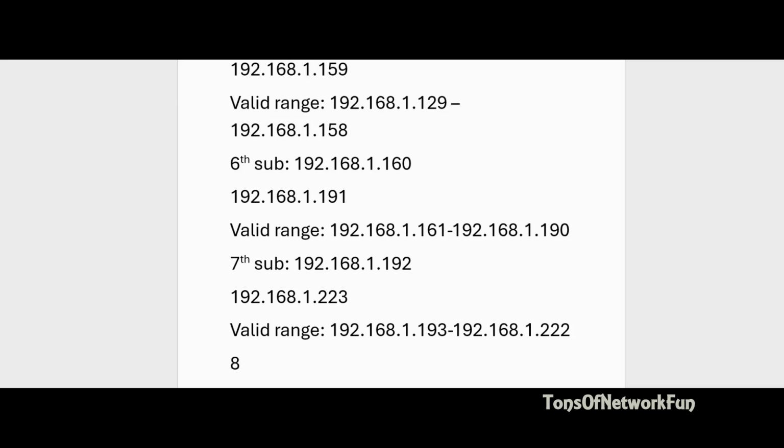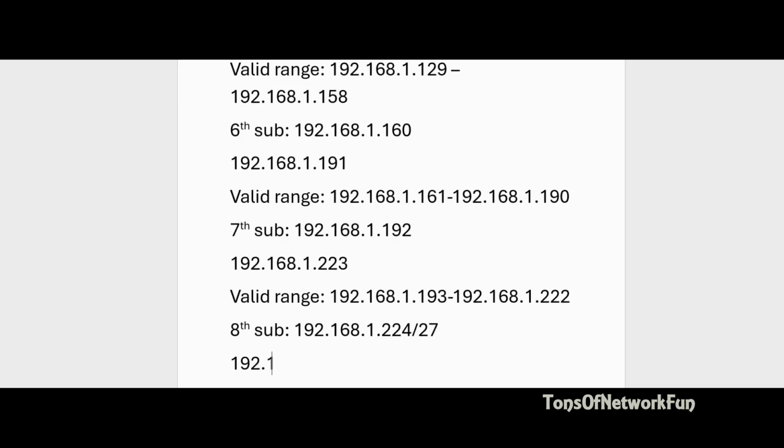Eighth subnet. This will be the last one because we get a total of 8 subnets here, and the last subnet starts at 192.168.1.224/27 and ends at 192.168.1.255. 224 plus 32 is 256, minus 1 is 255.